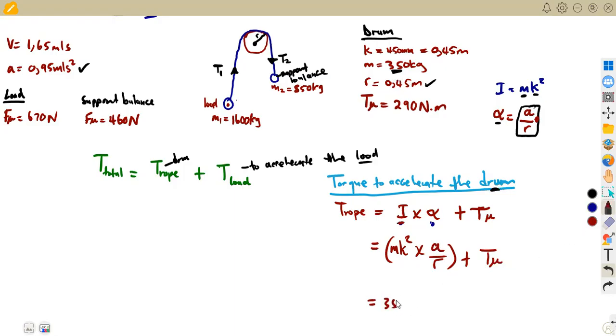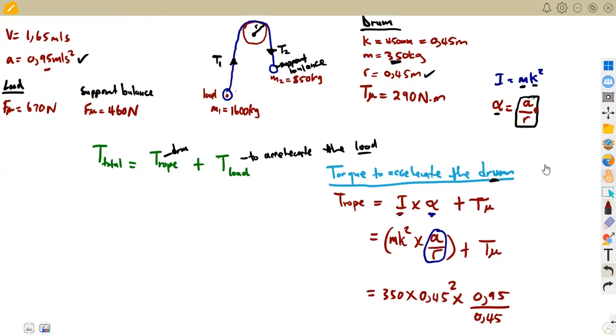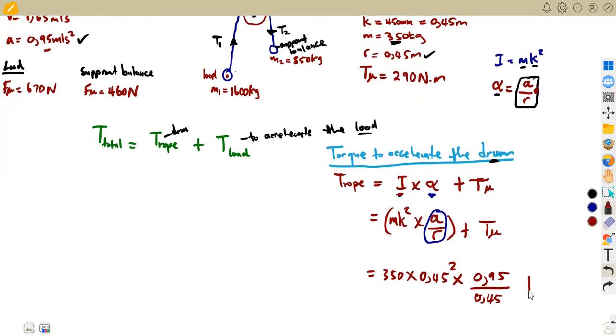So it is going to be 350 times k squared in meters, 0.45 squared, times the linear acceleration, because we do not have the angular, so we use the linear acceleration over the radius, which is 0.95 over the radius of the drum in meters, that is 0.45. Then we add the frictional torque of 290. That is the frictional torque here.